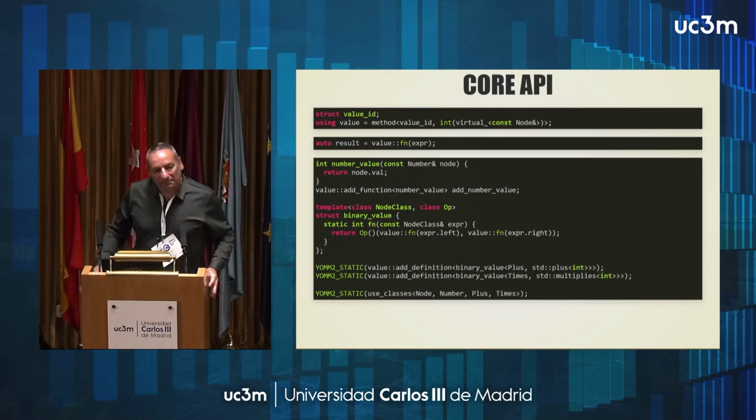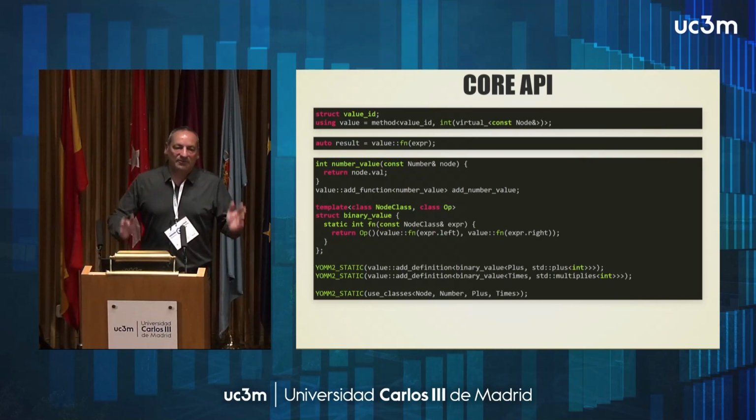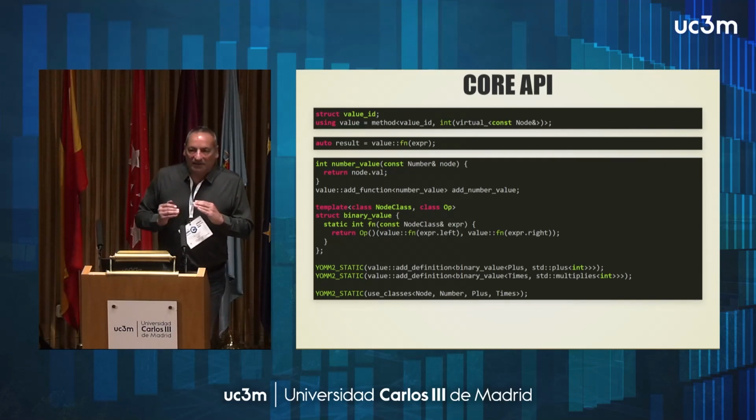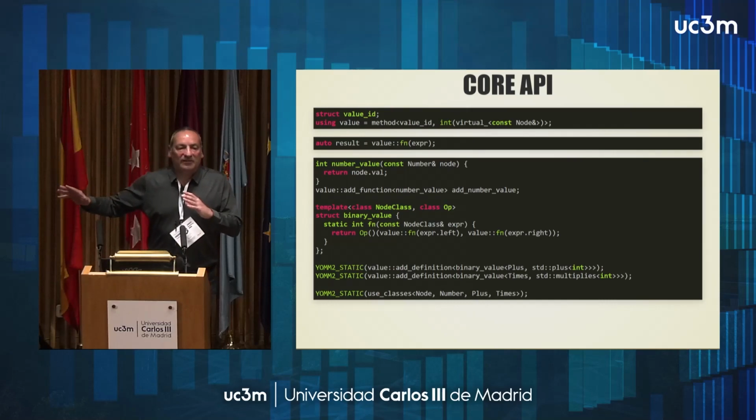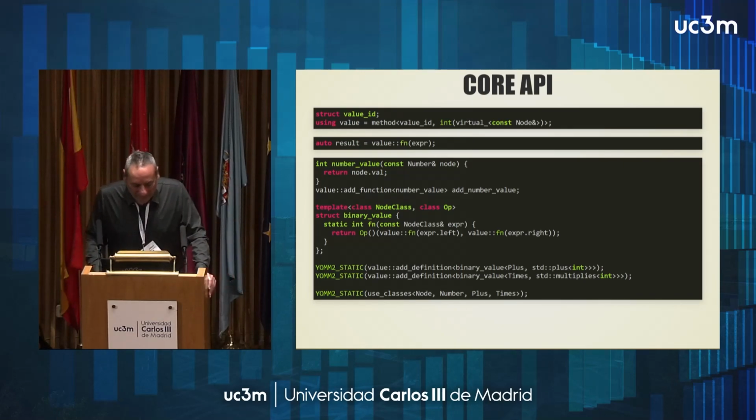Add definition is more or less the same thing, except that it takes not a function, but a class that is expected to have a static function called fn. And again, it adds that fn function to the list of definitions. Why is it better to use the definition? It has to do with something called next, which is the open method equivalent of calling the base version of a function. But I don't have time to get into those details.